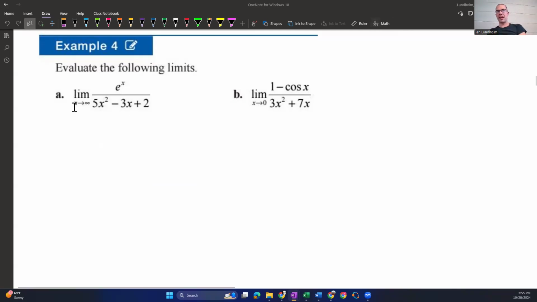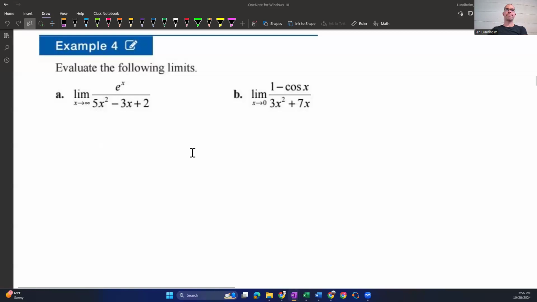Because we're doing a limit as x goes to infinity, in the long run, is the numerator going to grow faster or the denominator going to grow faster? The numerator is definitely going to grow faster because that is an exponential function and e is definitely bigger than 1. This is going to grow much faster over time.